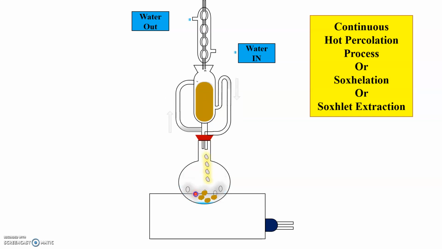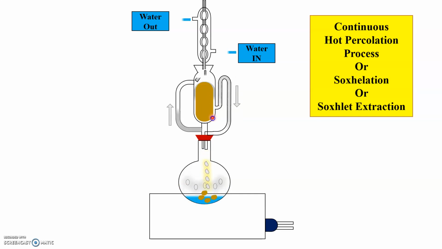The cycle consists, first the solvent is boiled, and after boiling, the vapors pass through the side tube and go into the condenser, and the vapors get condensed into the hot liquid, and this liquid falls into the extractor.